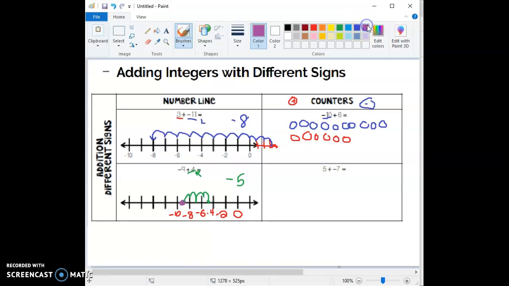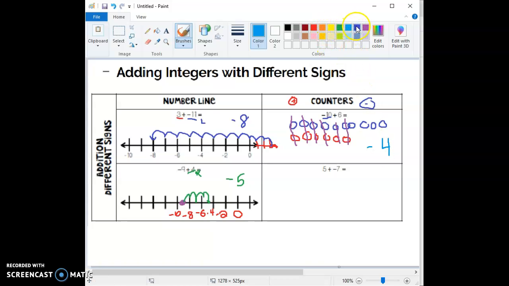If we have a positive and negative of something, they cancel out. They cancel to 0. So this cancels, cancels, cancels, cancels. And I'm left with 4 blue. So that means I have -4.